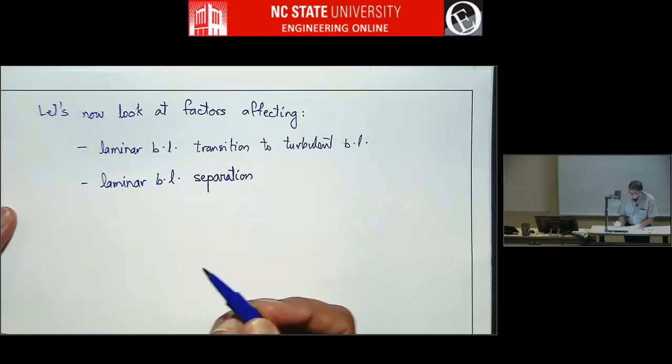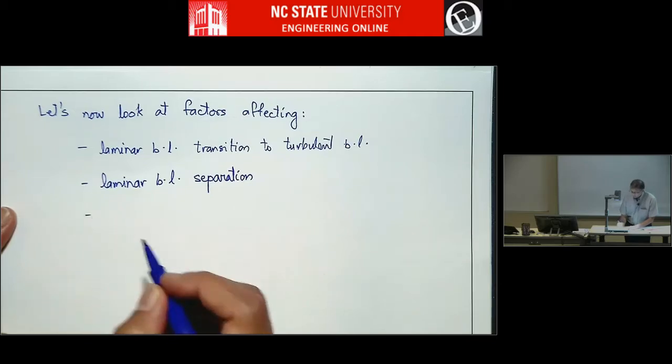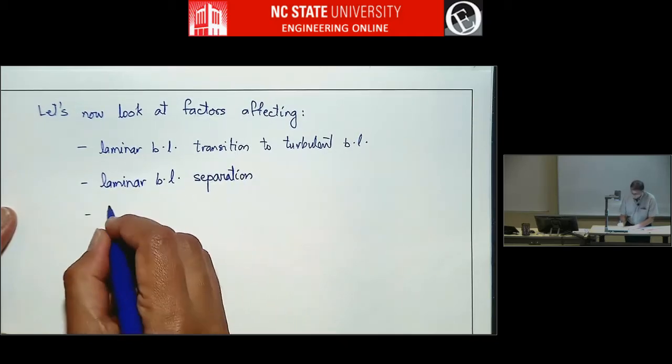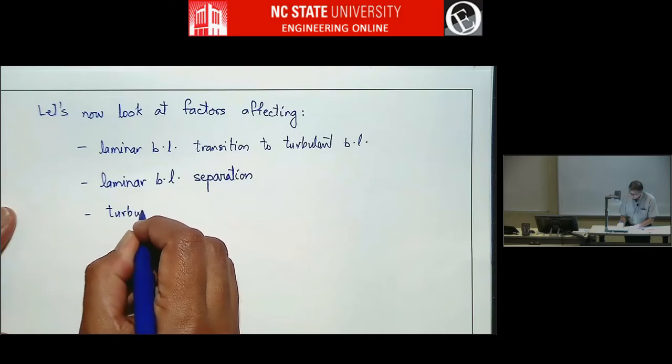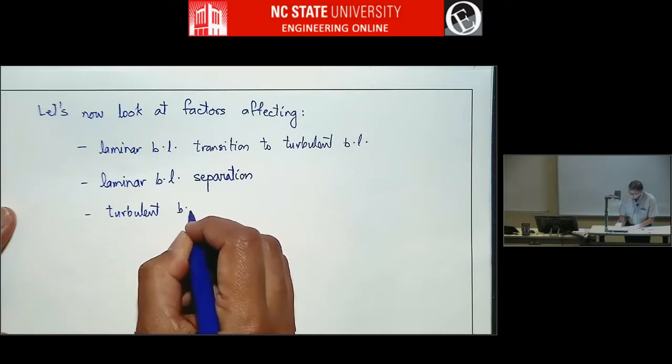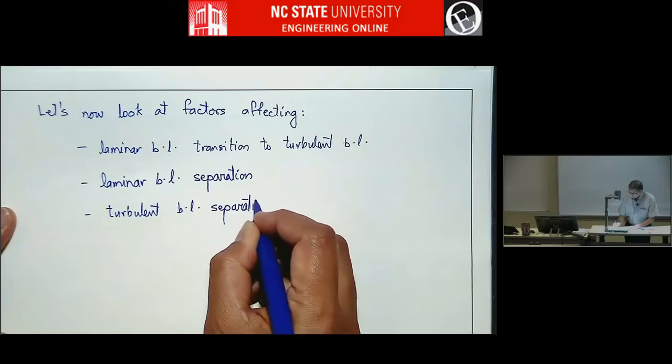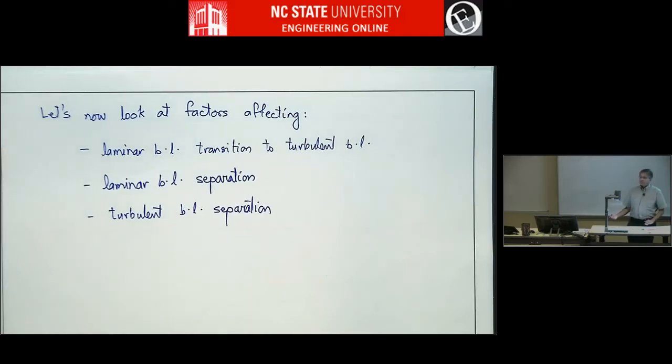So what makes a laminar boundary layer transition to turbulent or separate, or what makes a turbulent boundary layer separate? Because these changes in boundary layer state very significantly affect how an airfoil performs in various conditions.